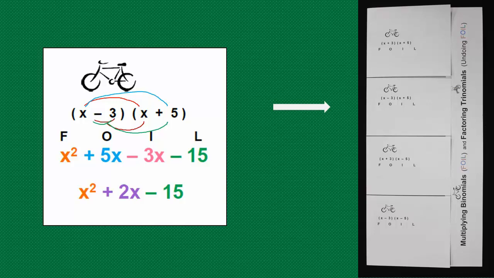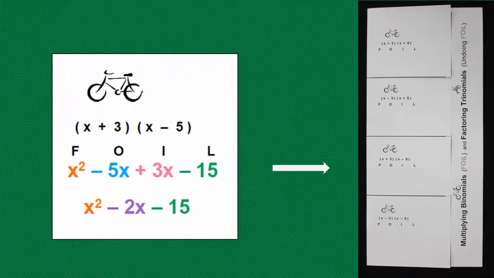Now that we're through multiplying with the FOIL, we can combine the two terms in the middle that are alike. 5x minus 3x is 2x. We bring down the x squared and the negative 15 again. And our final answer is a trinomial, that is x squared plus 2x minus 15.